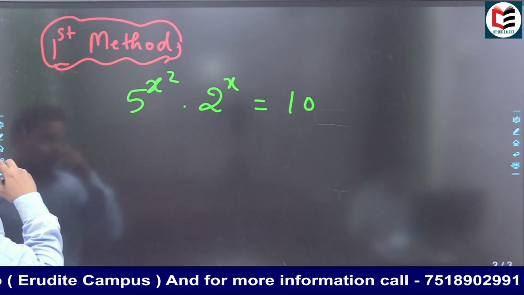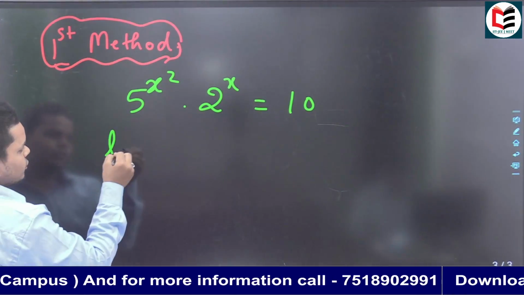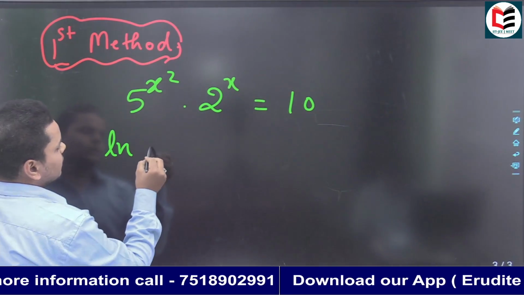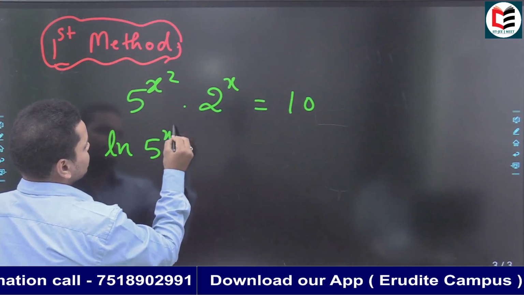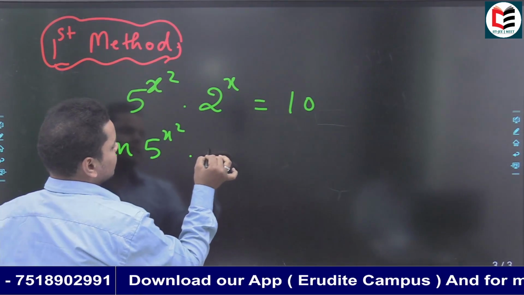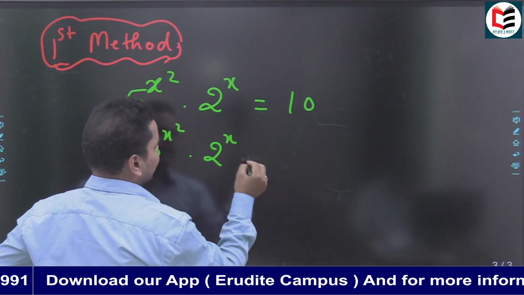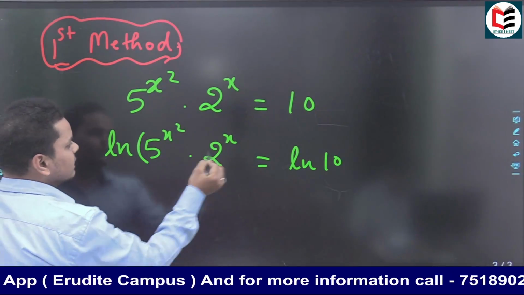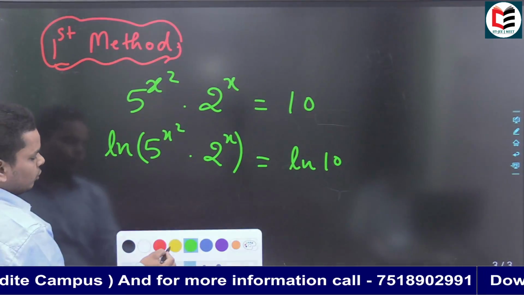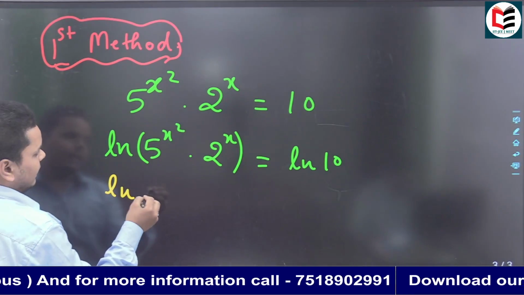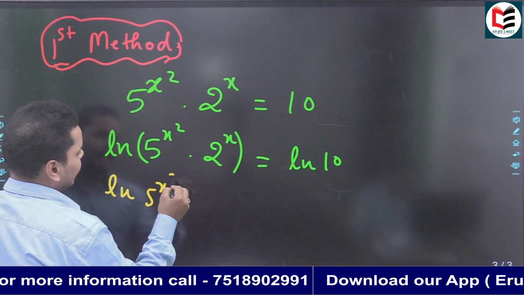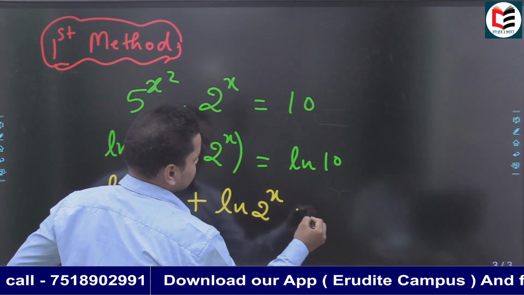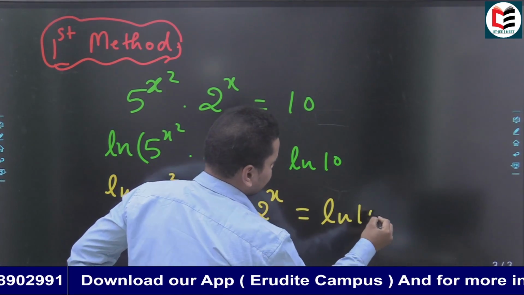Now after taking logarithm both sides, we will take ln of 5 to the power x square multiplied by 2 to the power x is equal to ln 10. Applying the multiplication rule, we will get ln 5 to the power x square plus ln 2 to the power x, that is equal to ln 10.